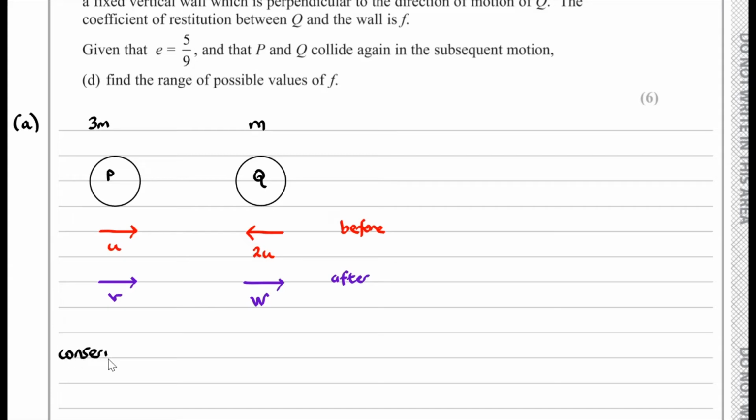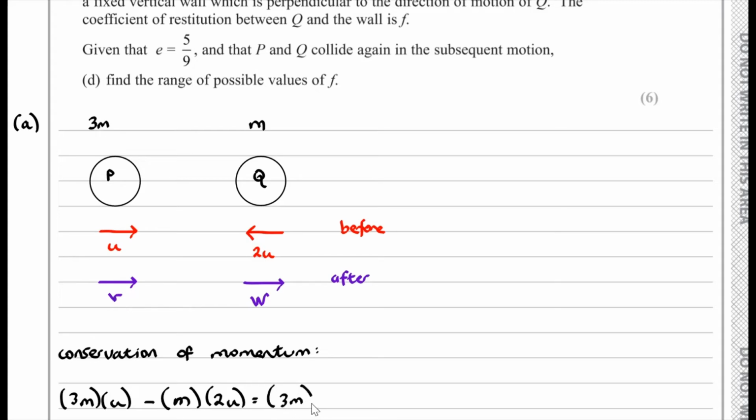Using conservation of momentum, considering what happens before, we have 3m times by u, then minus, because we're going in the opposite direction here, m multiplied by 2u, and after the collision we have 3m times by v.